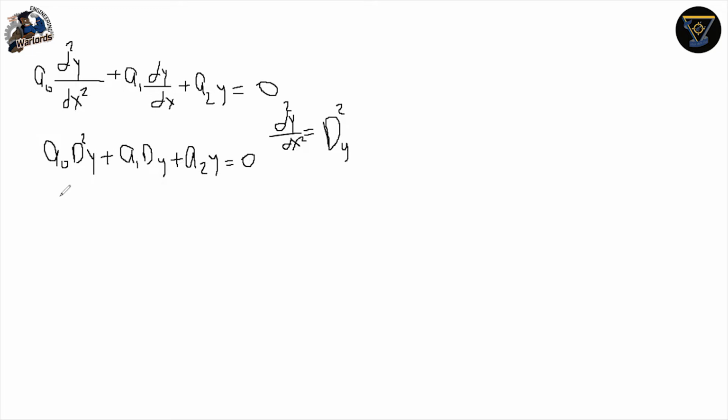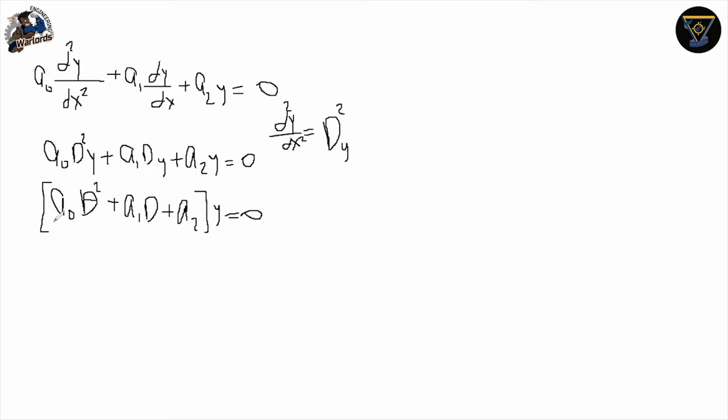So when you take out the y now, you're going to have a naught d squared plus a1 d plus a2, and then you're going to have a y on the outside, and this is going to equal 0.